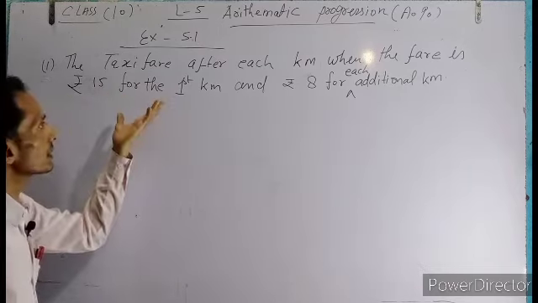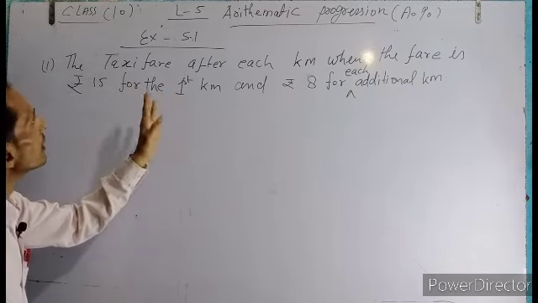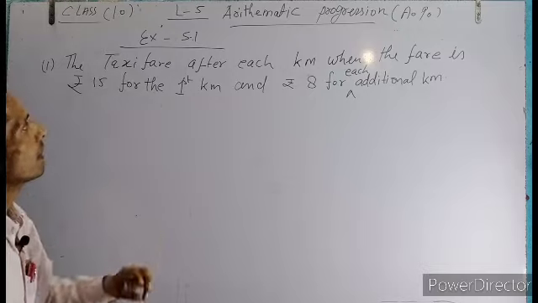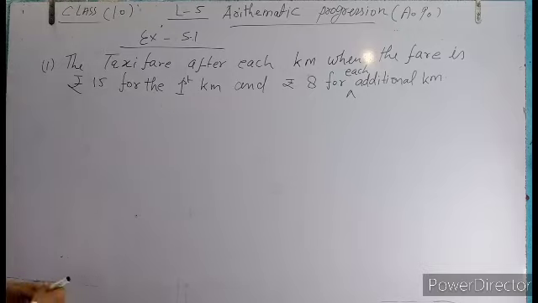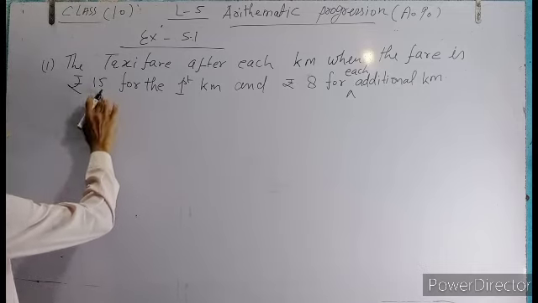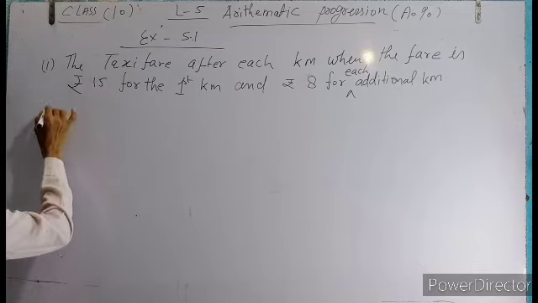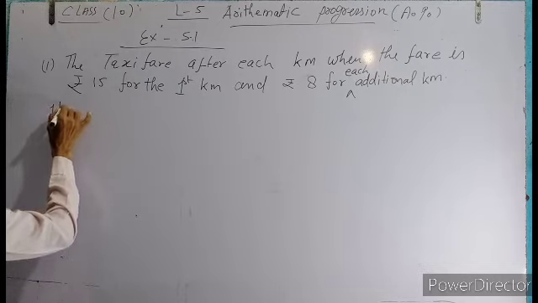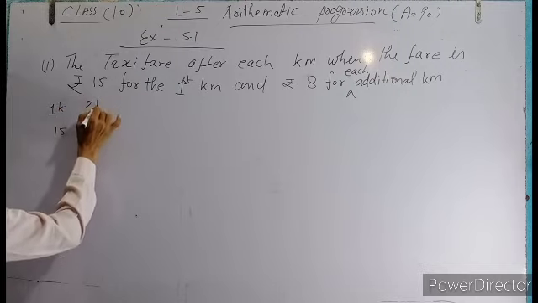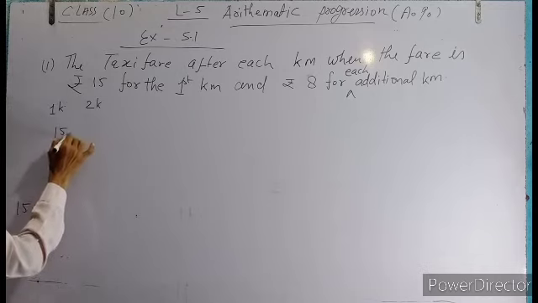Okay, we have to check according to this statement whether an AP is formed or not. How can we check? First we form the sequence. The fare for the first kilometer is 15.